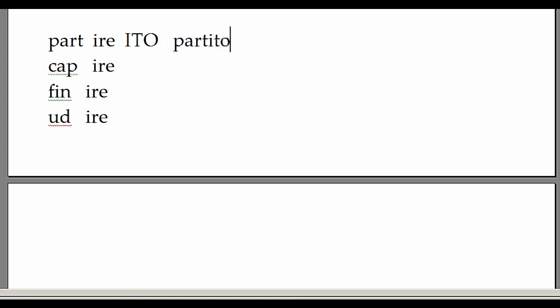Therefore, it will be partito. Partito means left, as in I have left. Capire, same thing. Capito. Capire means to understand, so understood. I have understood.